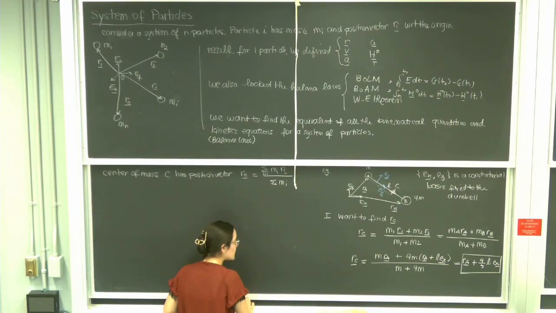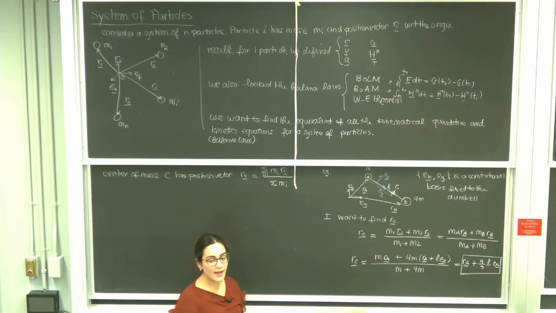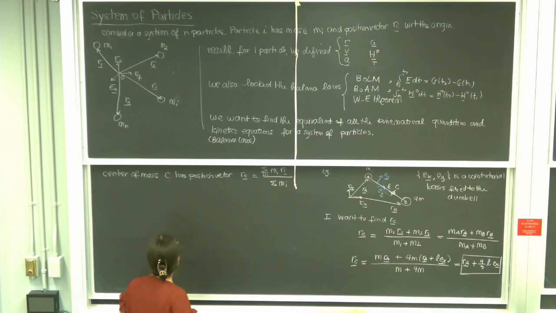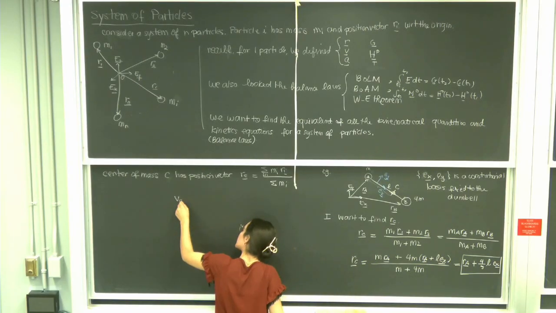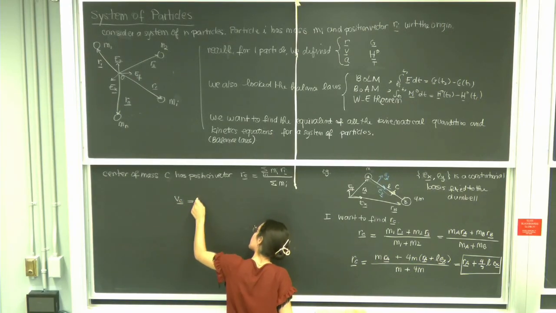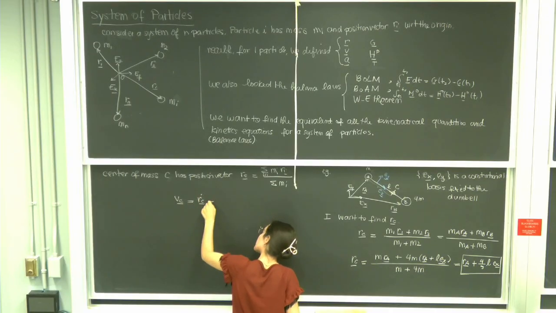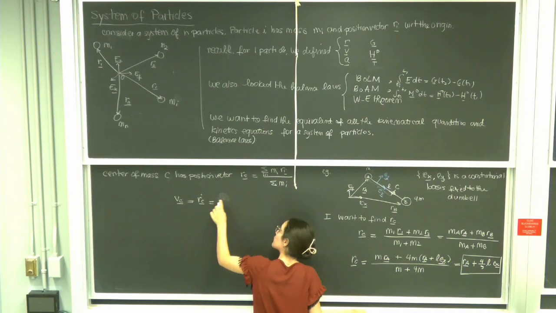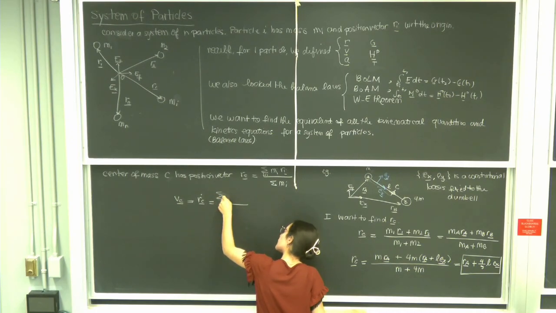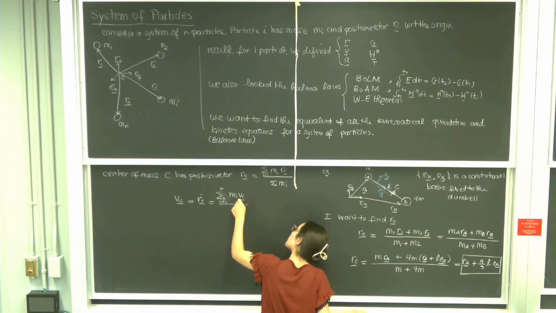Okay. So that's the position vector of the center of mass C. We can write the velocity of the center of mass as the derivative of RC. So VC is RC dot, which can be written as the sum over i of mi vi over the sum of mi.